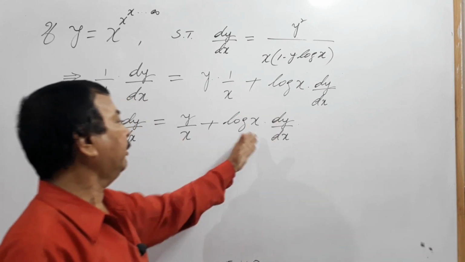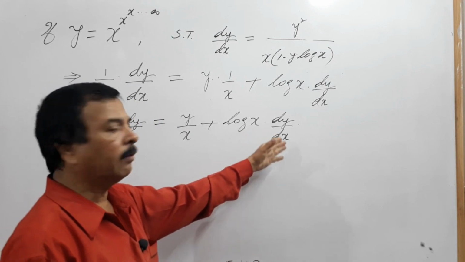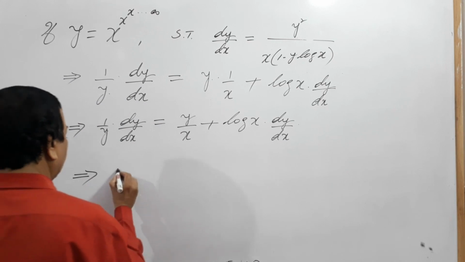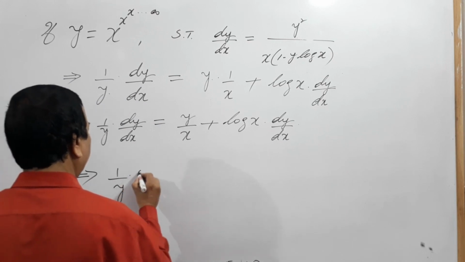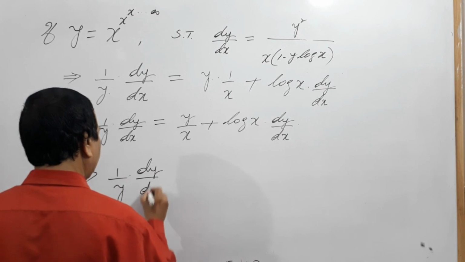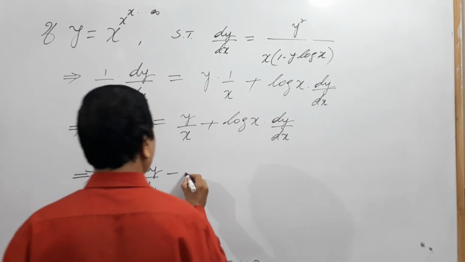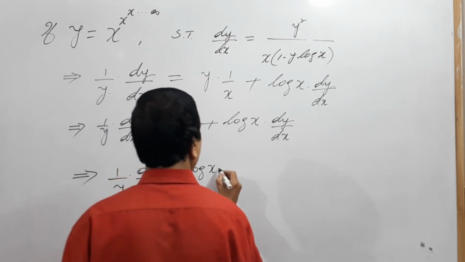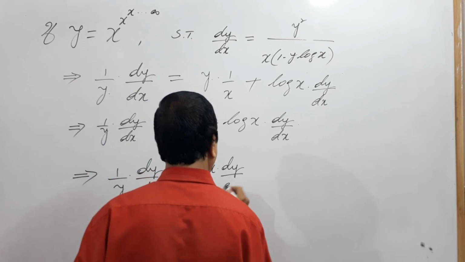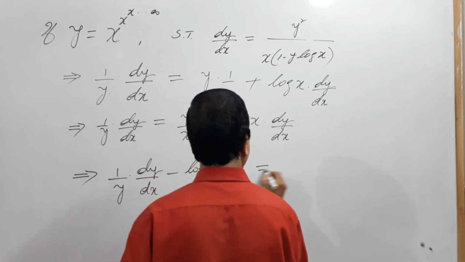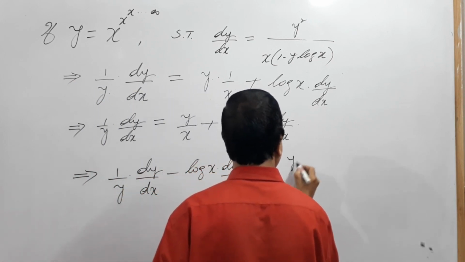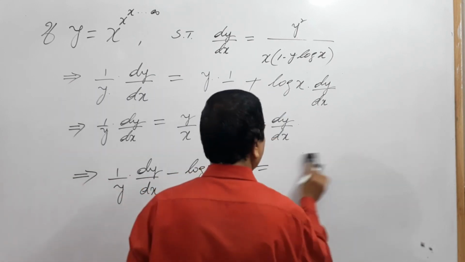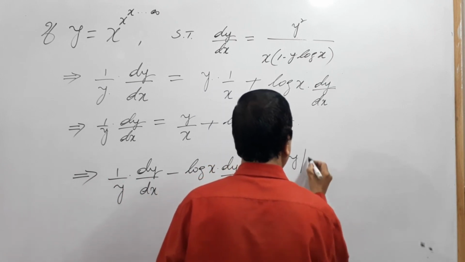So I'll transfer this log x into dy by dx to the left hand side. So what happens is 1 by y dy by dx minus log x into dy by dx equals y by x. I'll write y by x like this because this will come to the denominator.